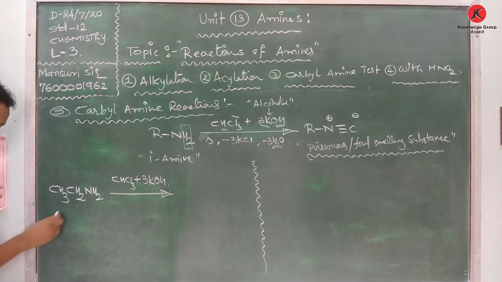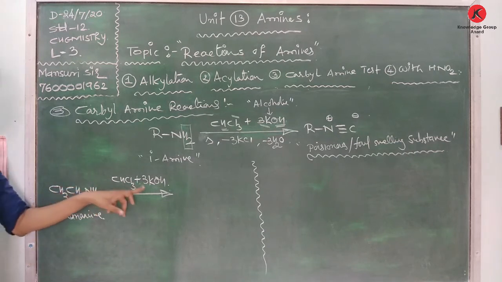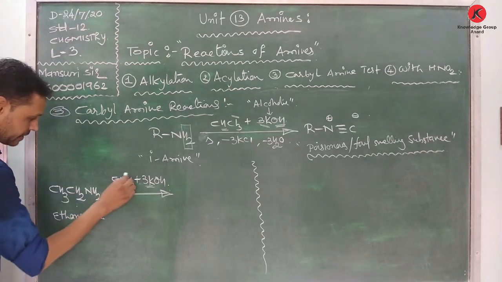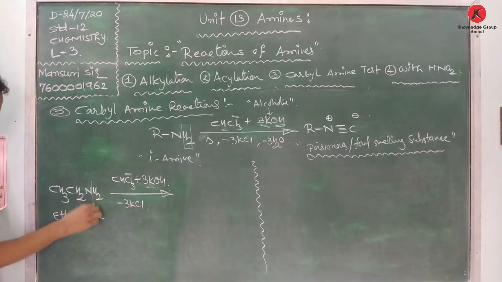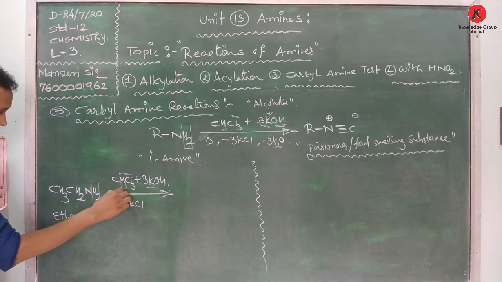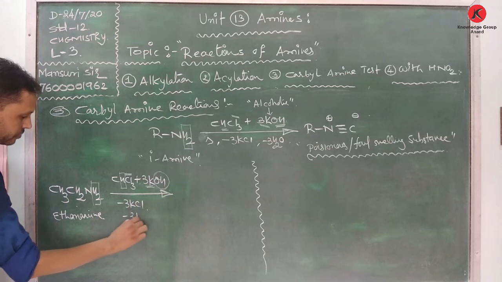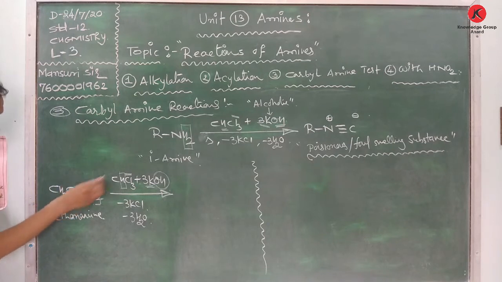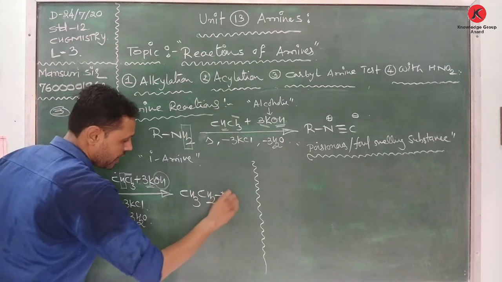So ethanamine reacts with the mixture of chloroform and alcoholic KOH. Then these 3K, these 3Cl will be removed and form KCl. These 2 hydrogen, 1 hydrogen, that means 3 hydrogen, react with 3 hydroxide ions, that means they form 3 water molecules. So what will be the remaining part? Only and only C is remaining, that is why CH3CH2 and C.